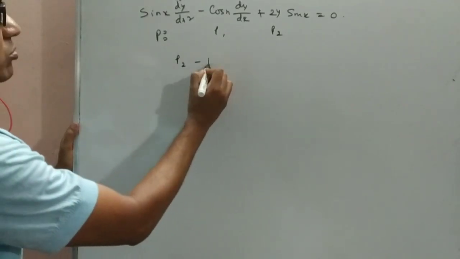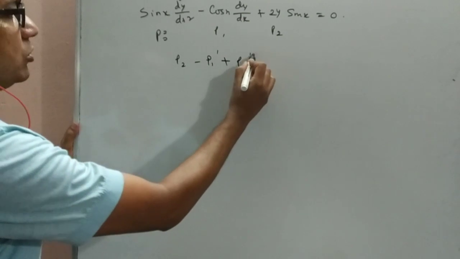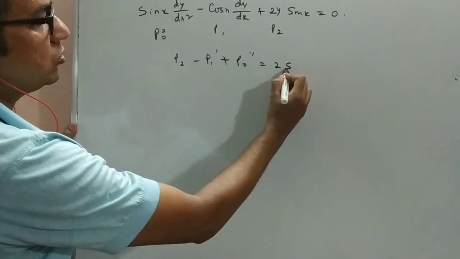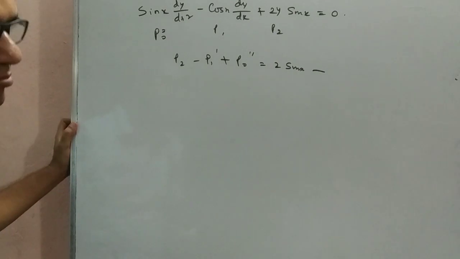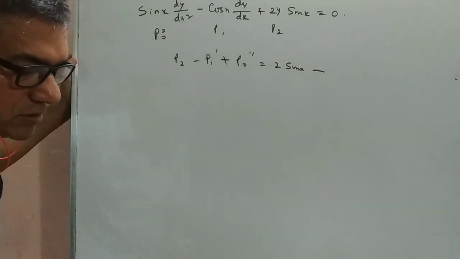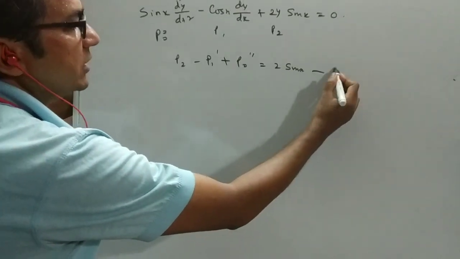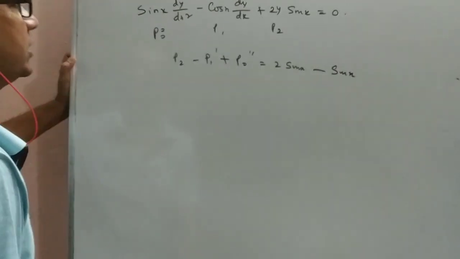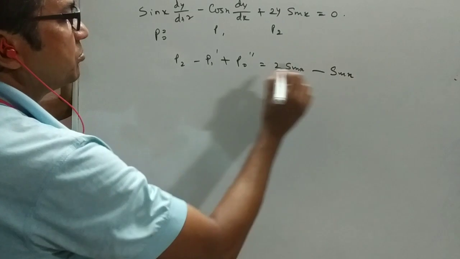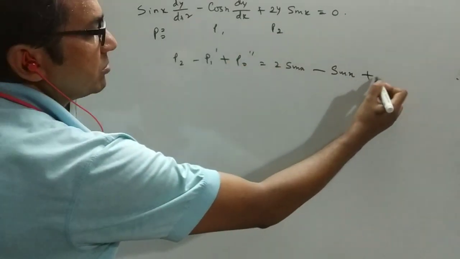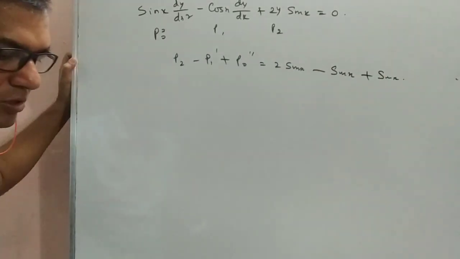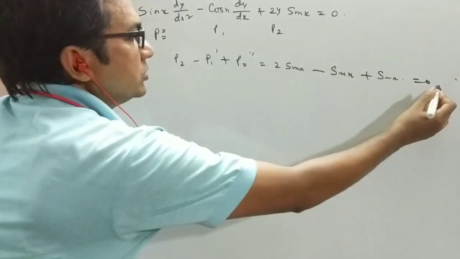Now P2 minus P1 dash plus P0 double dash equal to 2 sin x minus sin x, okay, and P0 double dash, that is plus sin x. So this is equal to 0.